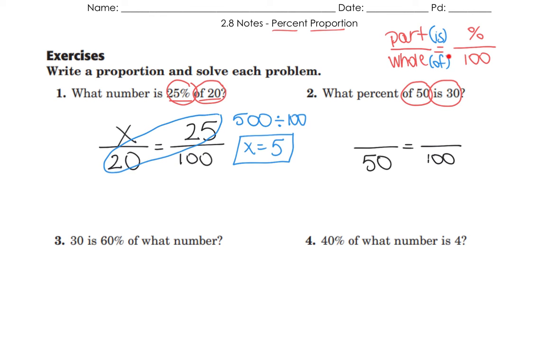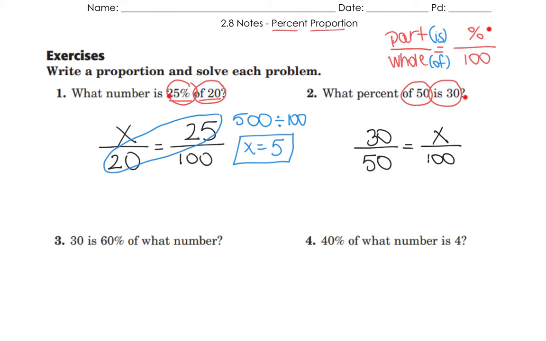So that means 50 has to go in the bottom left. "Is 30" tells me that 30 is the part. So that's going to go above the 50, top left. So what's missing in this problem is the percent, which makes sense because we don't have any numbers in this problem that have a percent symbol like we did here. So now we could solve for the missing percent.